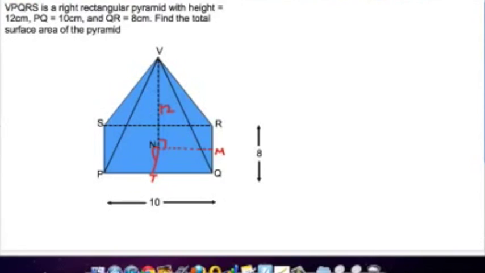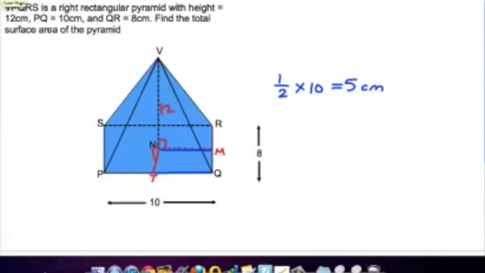Here's how it's going to work. All right, so I know that N to M is equal to T to Q. So I know that N to M is going to be 1/2 of P to Q. So that means that's going to be 1/2 of 10, which is going to get me 5 centimeters.